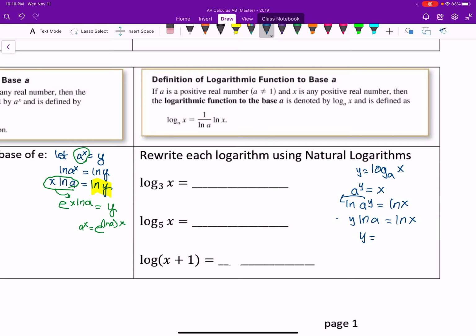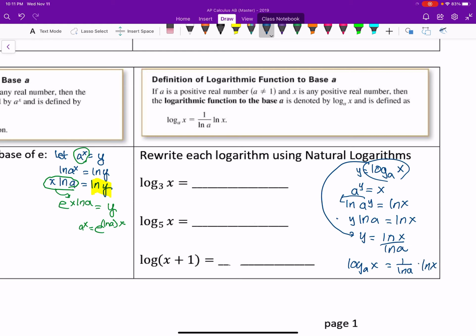And then y is equal to the natural log of x over the natural log of a, but y is up here defined as log base a of x, so I'm just substituting that in there, is equal to the natural log of x over the natural log of a, which I could rewrite as 1 over the natural log of a times the natural log of x.